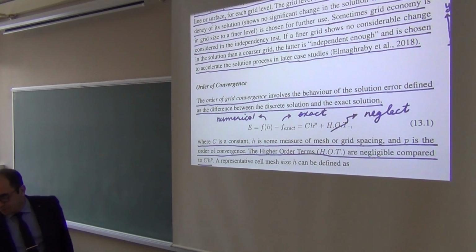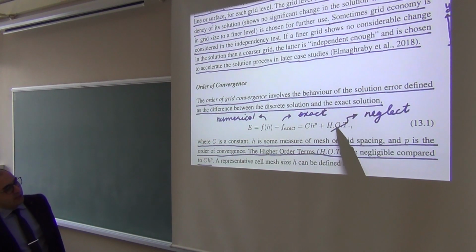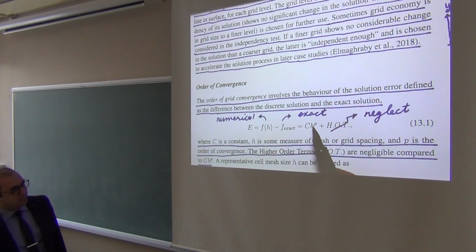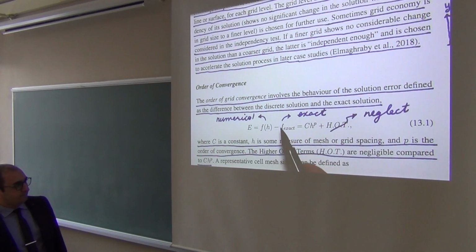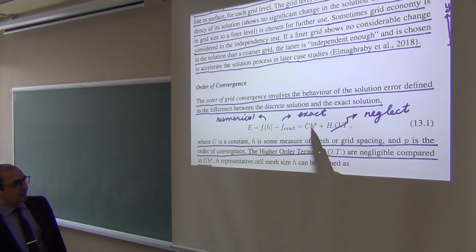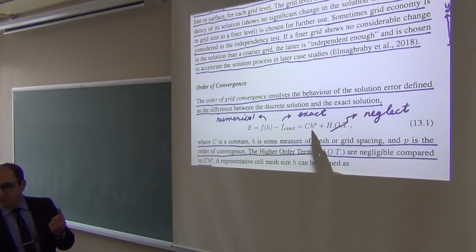Why am I saying order of convergence? Think about it. Neglect the higher order terms. Let's say my grid spacing is 1 meter, and suppose C is 1, and P is 2. Then the error for a grid of resolution 1 meter is just 1 to the power of 2, which is 1 meter. Or say this was meters per second, you're talking velocity.